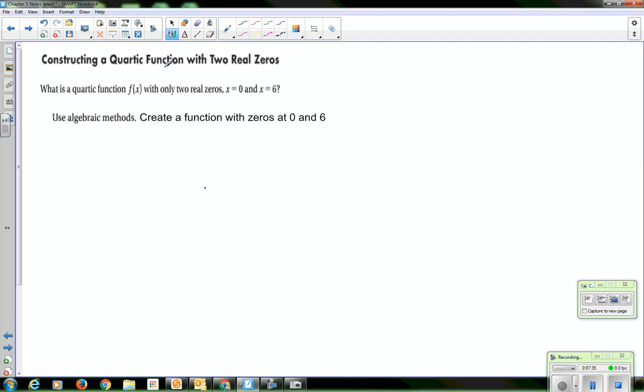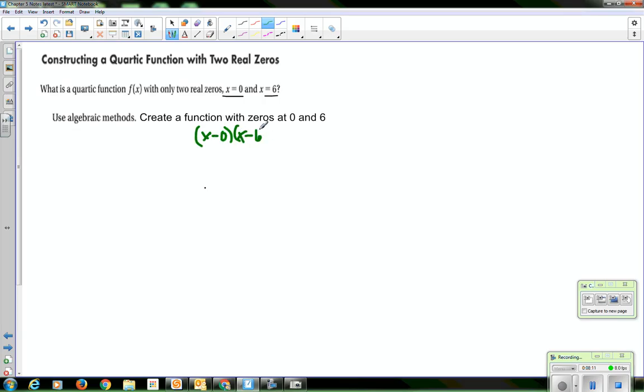Okay, so we're going to construct a quartic function with 2 real zeros. In this case, our zeros are going to be 6 and 0. What the factor theorem says is that if one item is a zero, then x minus that amount is a factor.